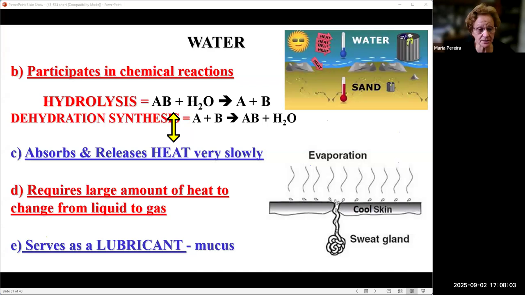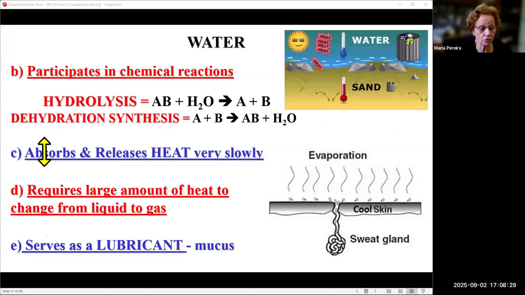And dehydration synthesis, the synthesis of a complex molecule from its components, and then the release of water. So water participates in the breaking apart of a molecule or in the synthesis of a complex molecule from its components. So it participates in chemical reactions.